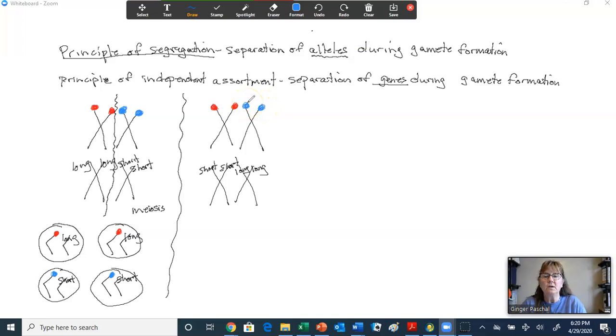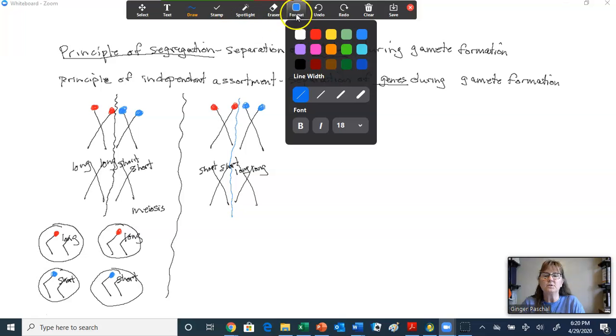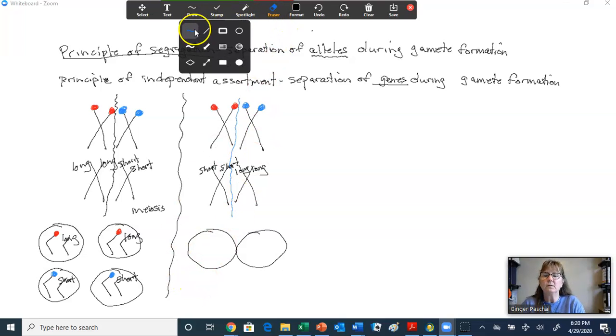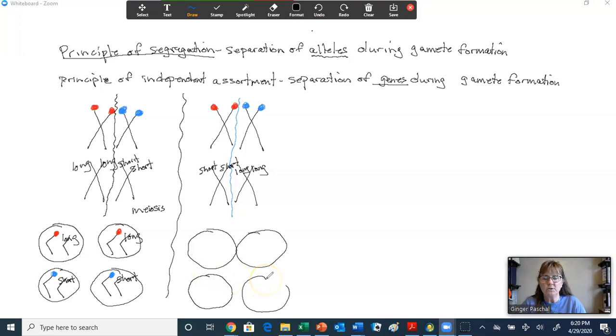And you can see when this cell divides right down the middle, we're going to end up again with 4 daughter cells, and those daughter cells are again each going to have 2 single chromosomes.